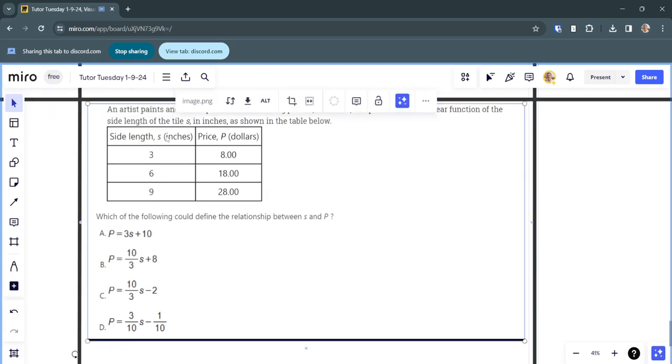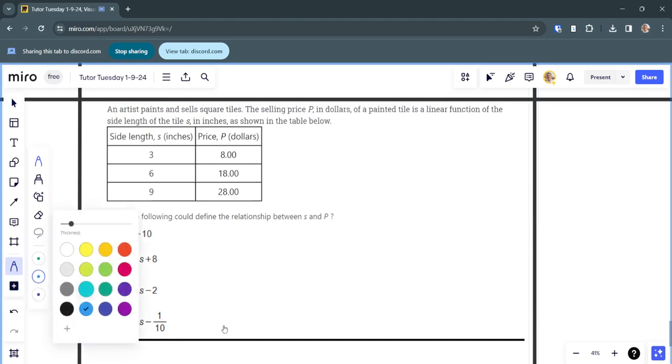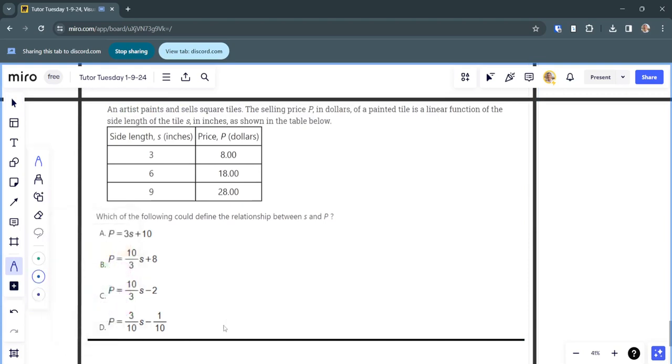This one says, an artist paints and sells square tiles. The selling price, P, in dollars of a painted tile is a linear function of the side length, as shown in a table below. Which of the following could define the relationship between S and P? Well, let's take a look at the slope here.